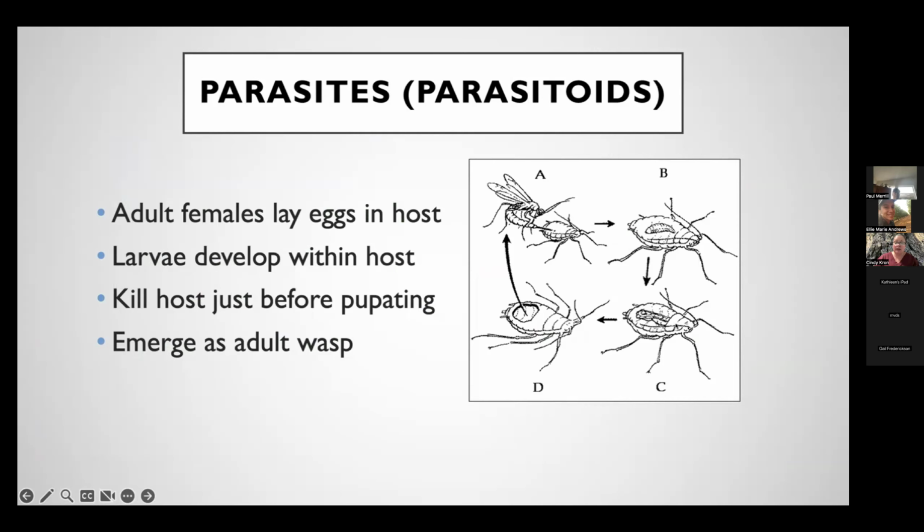At this point, the aphid has changed in color and size, and it's sluggish, or not moving at all. When the parasitoid finishes its development, it'll emerge from the pupa and chew a round hole that you're looking for in the body of the insect, and then it emerges as an adult and goes through the process again.